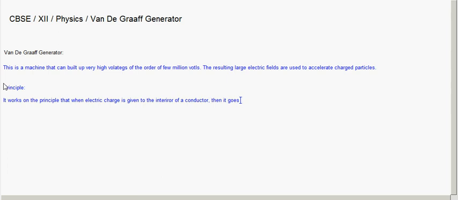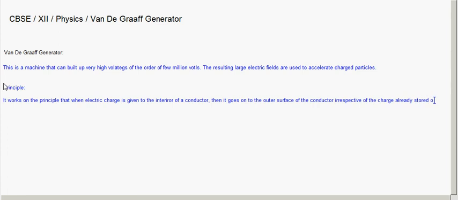It goes onto the outer surface of the conductor irrespective of the charge already stored on it.